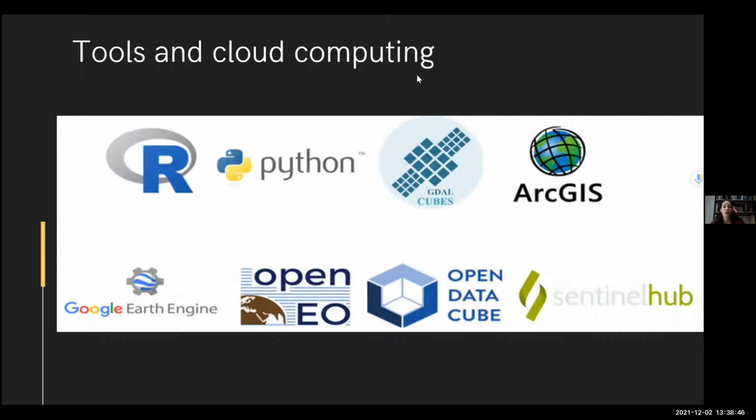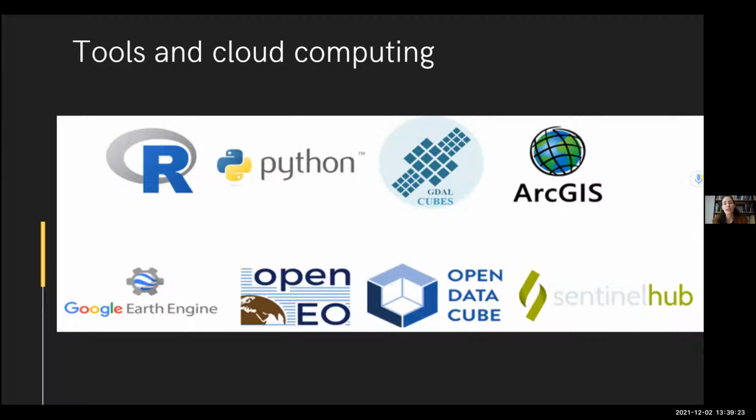What kind of tools can we find? Well, I have used mainly in R this kind of data structure. What we have also in Python, and now in ArcGIS, there are also some tools to use these space-time cubes. And if you enter the help of ArcGIS, there is a very nice and very detailed presentation of what the spatial temporal cubes are and how to use them in ArcGIS.